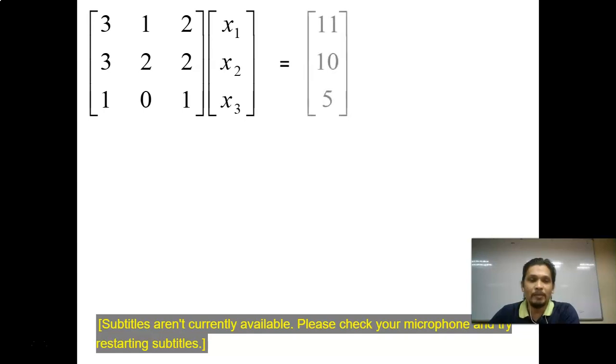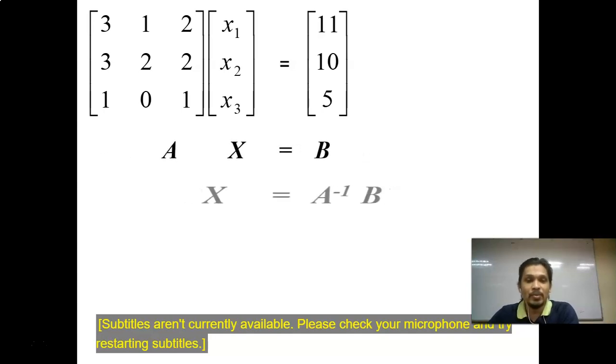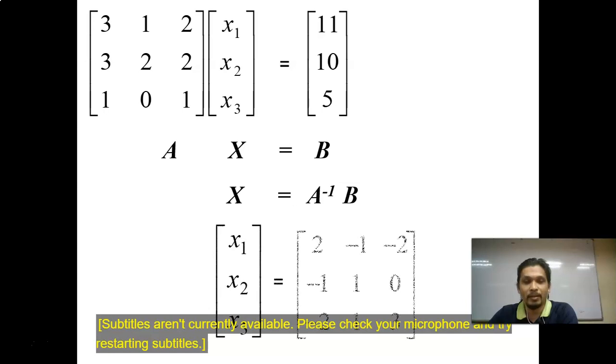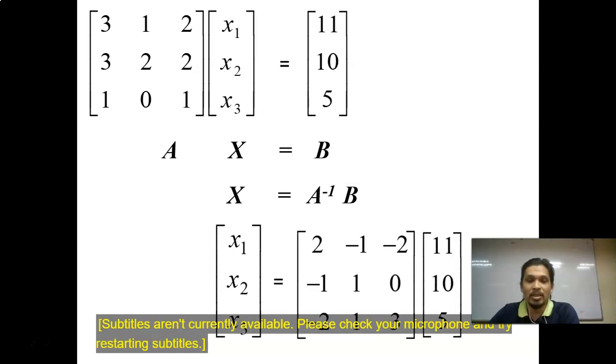Now, AX equals B, and as we agreed before, X equals A inverse multiplied with B. This is the multiplication of a 3 by 3 matrix with a 3 by 1 matrix.